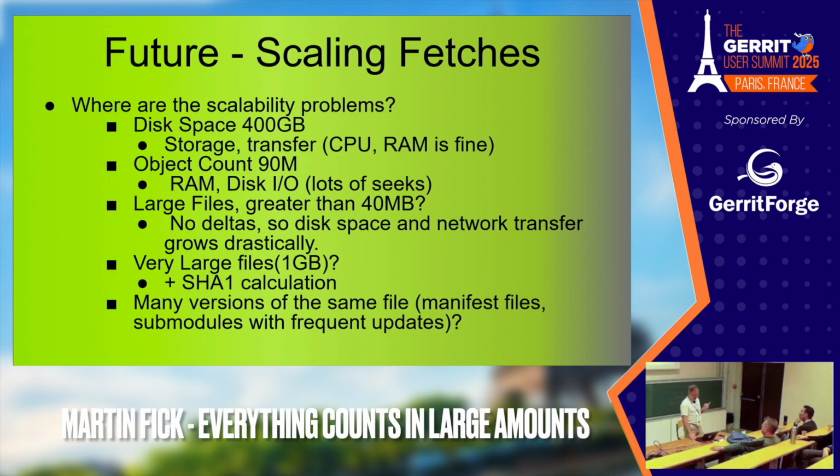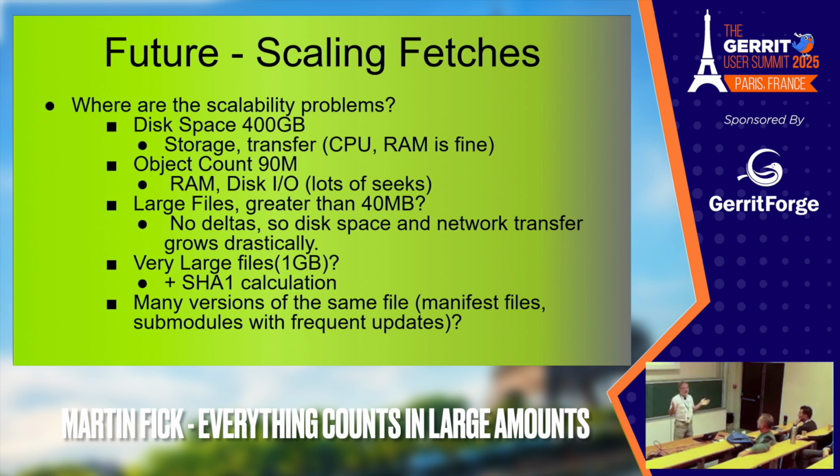It's also files that have long histories. Even if it's like a submodule or a manifest version where you're constantly bumping it, you have small sections of the file changing only, but it might be a 10K or even a few meg file, and you have millions of revisions of that.